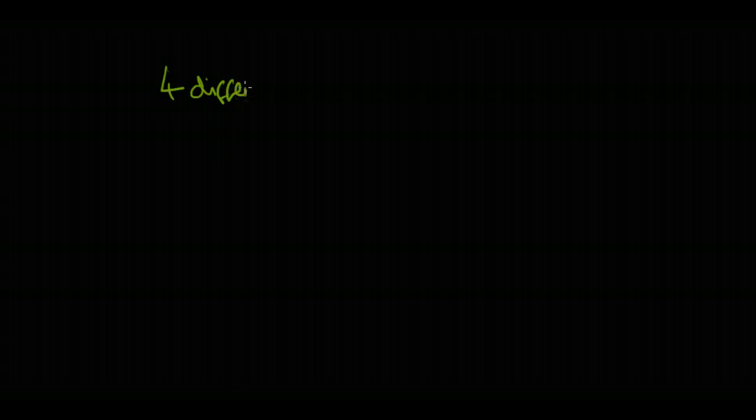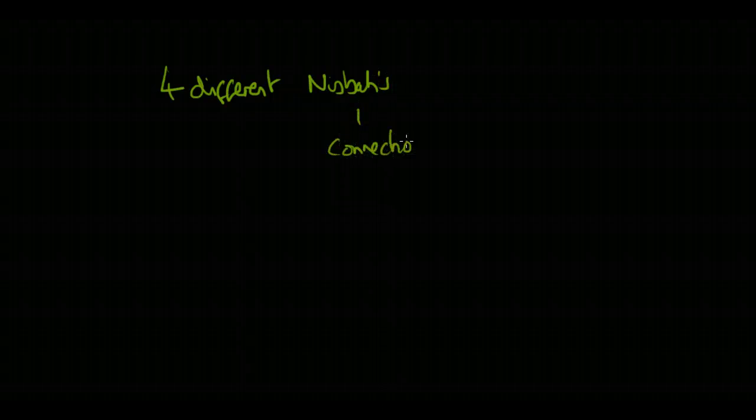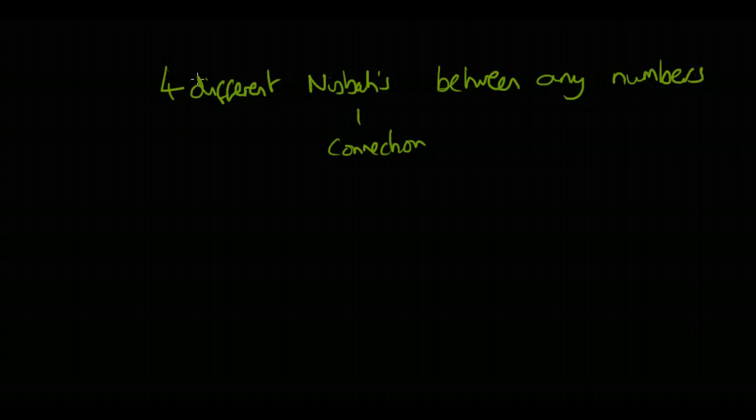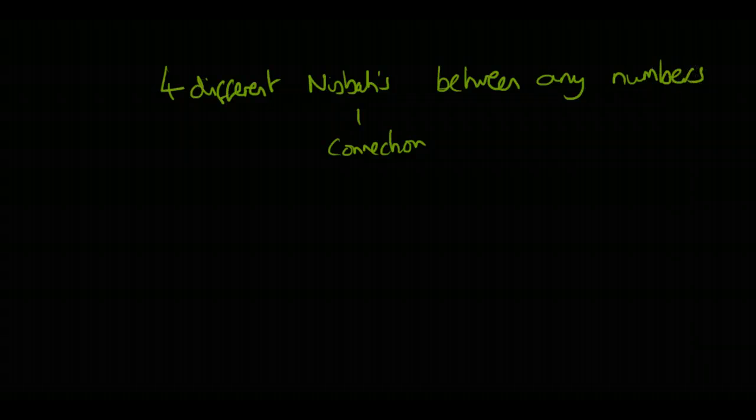So what classically we say is there are four different nisbahs between numbers. A nisbah is a connection or a link between numbers. So there are 4 different nisbahs between any two given numbers. So let's go through each of them in turn.